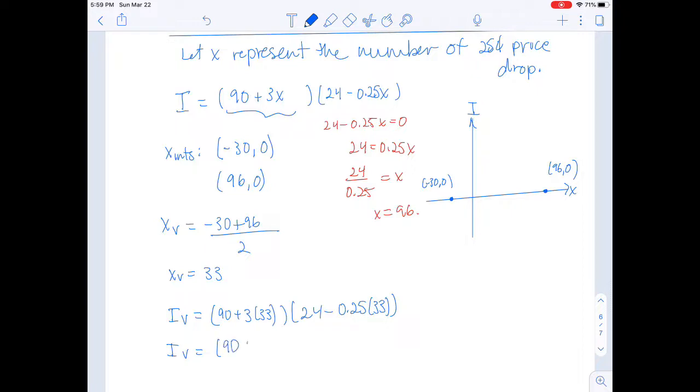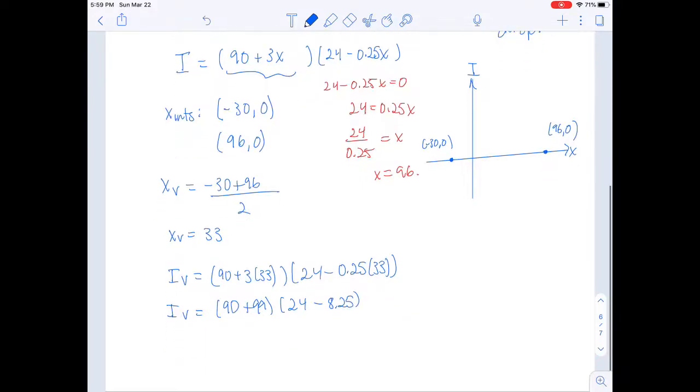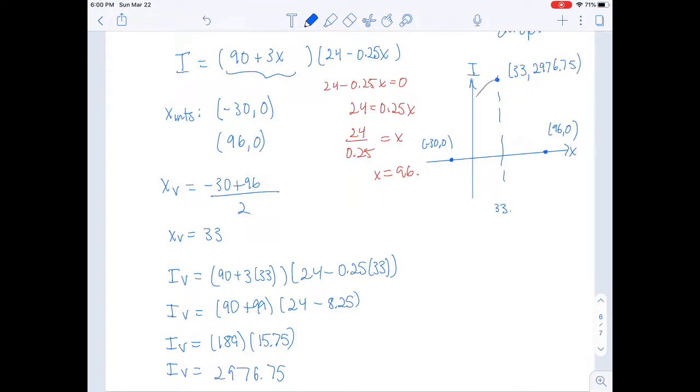All right, so we've got 90 plus 99. Okay, so if we were to graph this, I know that somewhere along 33 here, I mean this isn't going to be to scale, but I know when the number of price drops is 33, my income is $2,976.75.